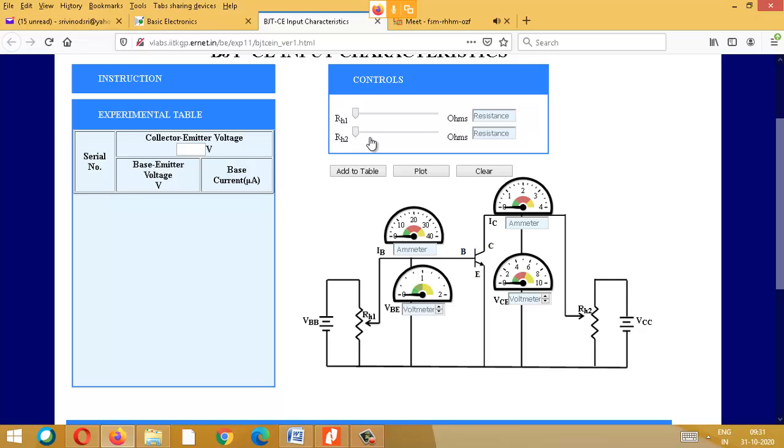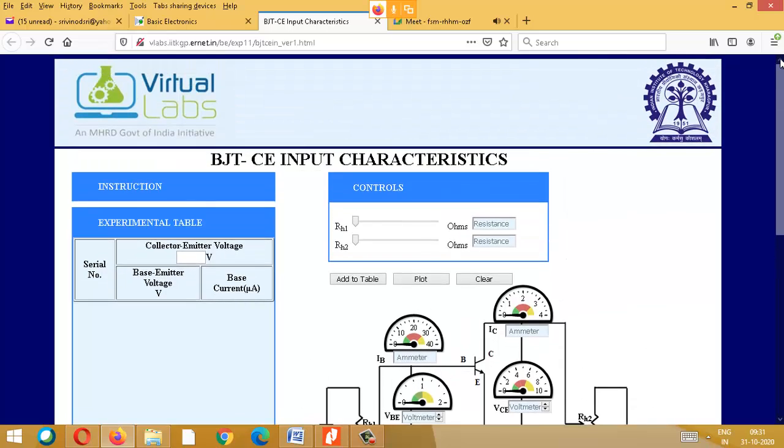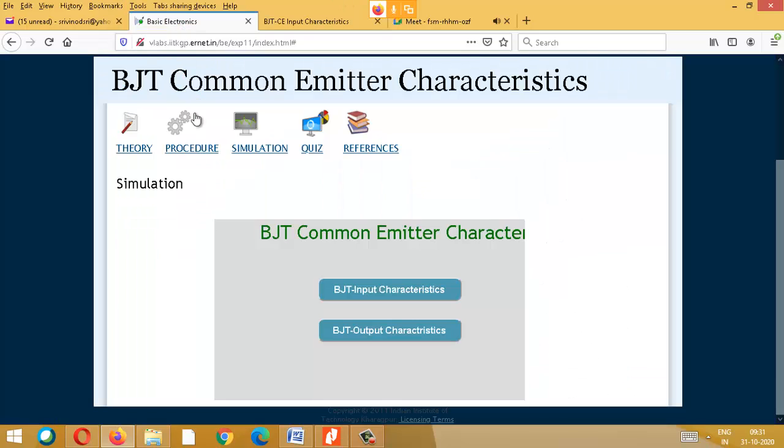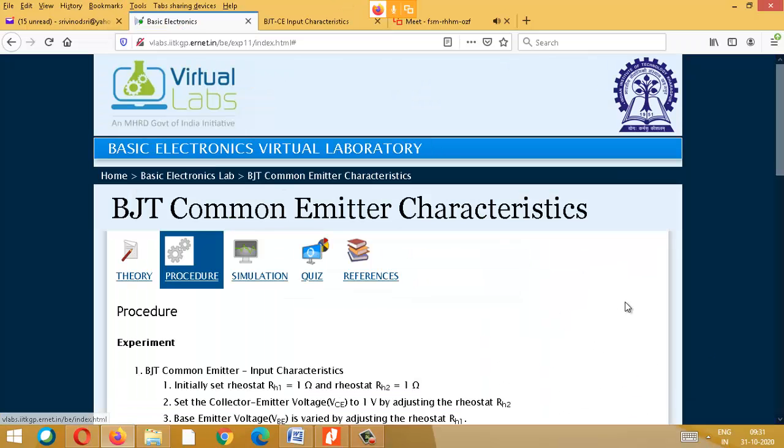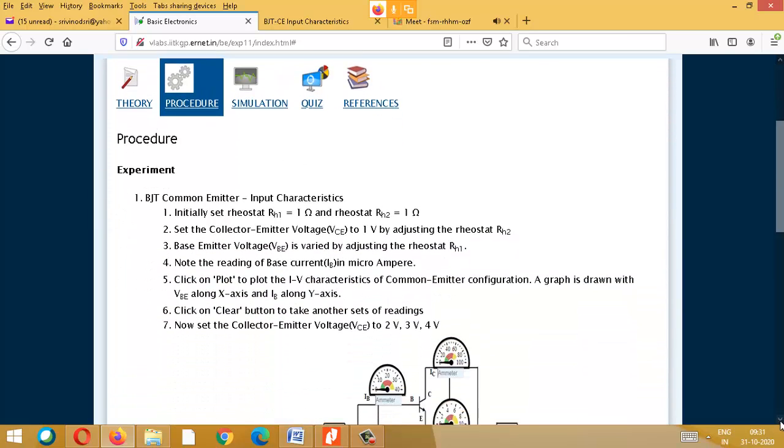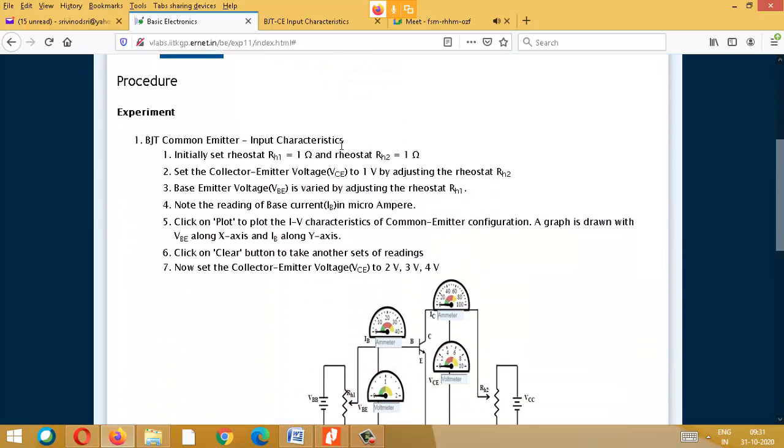Now in our experiment, for input characteristics, you keep this at a particular value, then increase your input side voltage and take the reading for your current. So you take current versus voltage readings and then plot. Before going into the experiment, let us see the procedure. First step, we are doing input characteristics.